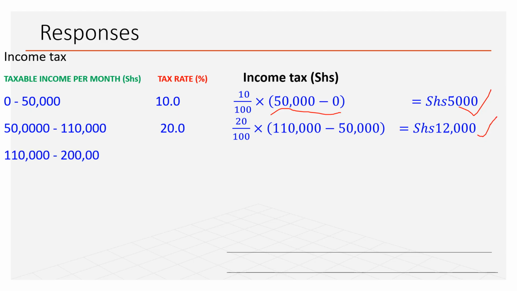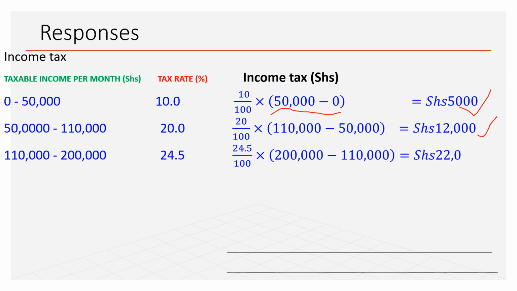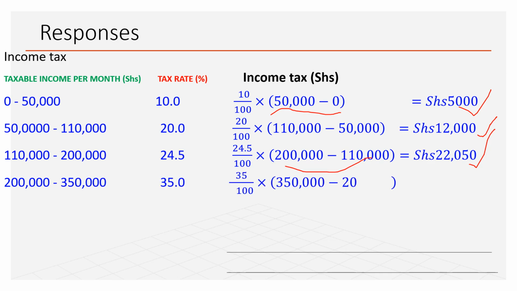The next, from 110,000 to 200,000, 24.5%, and still we maintain the subtraction, giving us 22,050 shillings. From 200,000 to 350,000, we are still having 35%, and that is giving us 52,500 shillings.